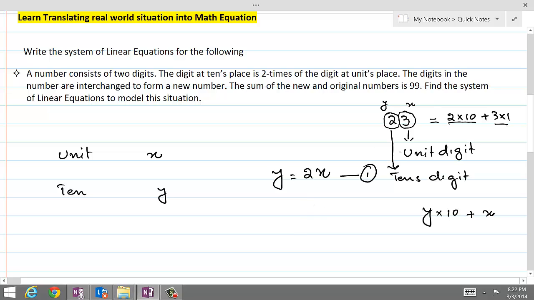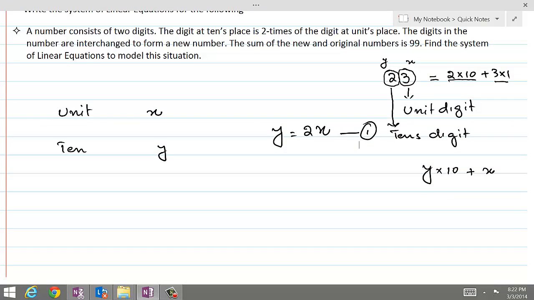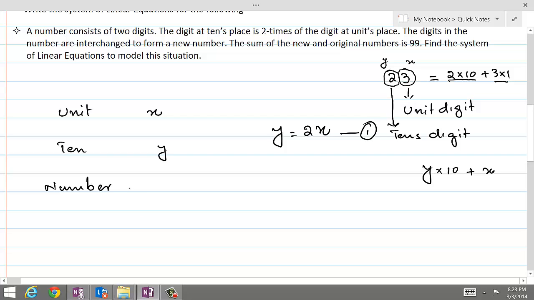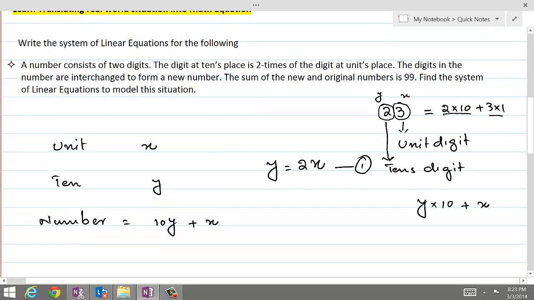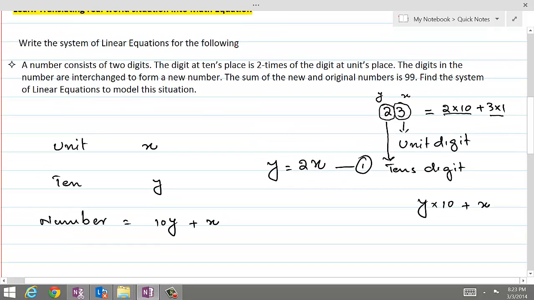Now it says the digits in the number are interchanged to form a new number. So here if x is the unit digit and y is the tens digit, what is the number? The number here is equal to x, the unit digit, plus 10y. Now the information here is that the digits in the number are interchanged.